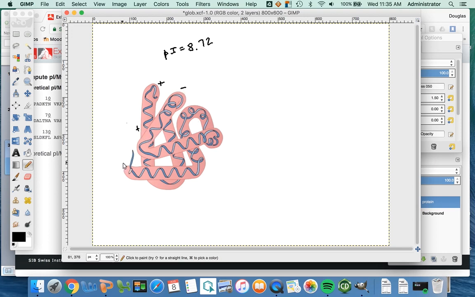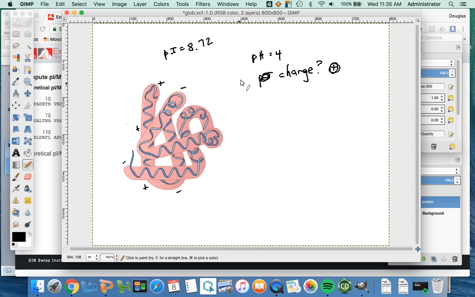But they would balance out. So we would have a net neutral charge. Okay. Now, what would the charge of this protein be at a pH of 4? What would the charge be? Well, the charge would be positive.